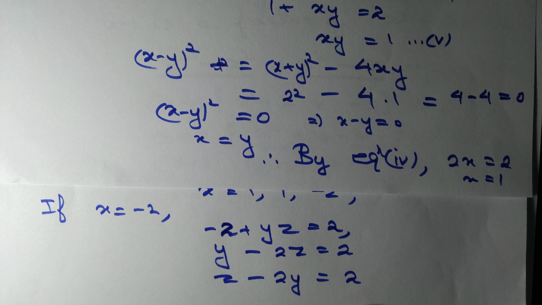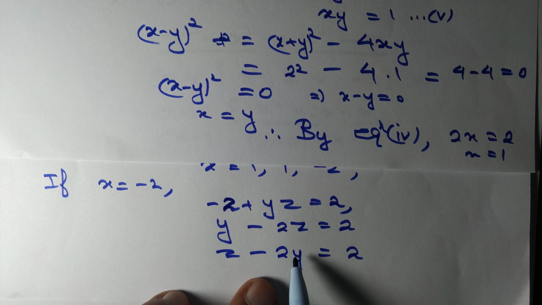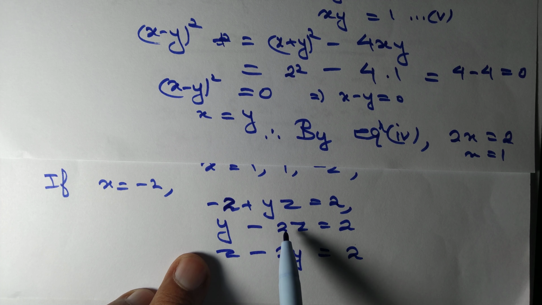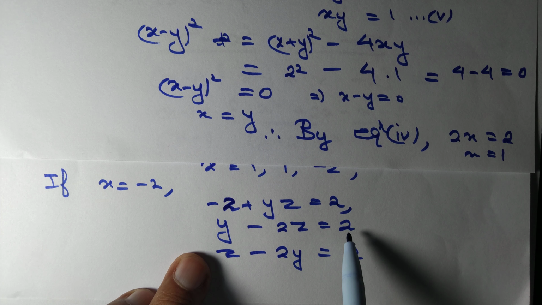That's it, x equal to minus 2. So, z minus 2y equal to 2, correct. y minus 2z equal to 2, correct.